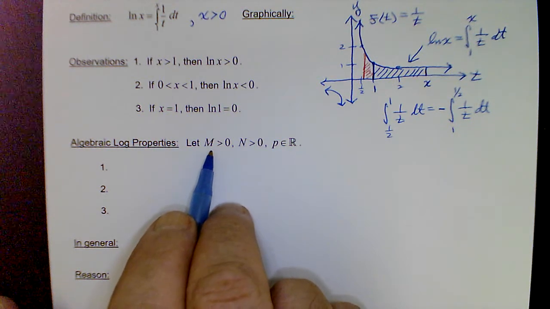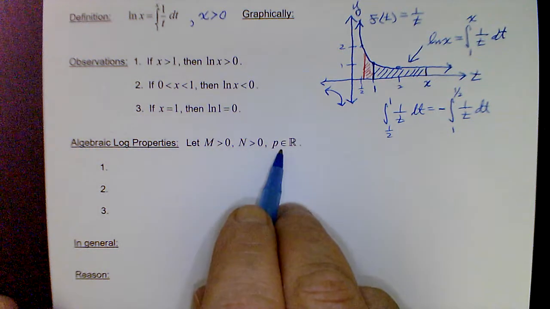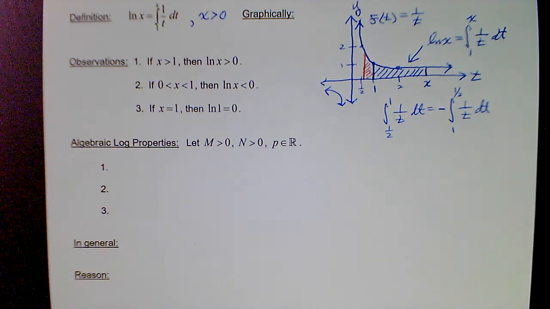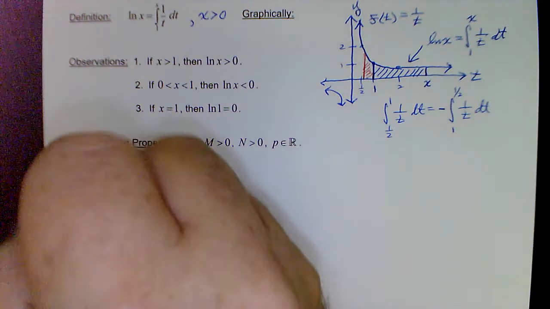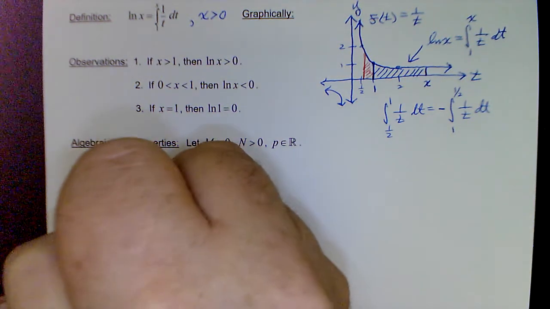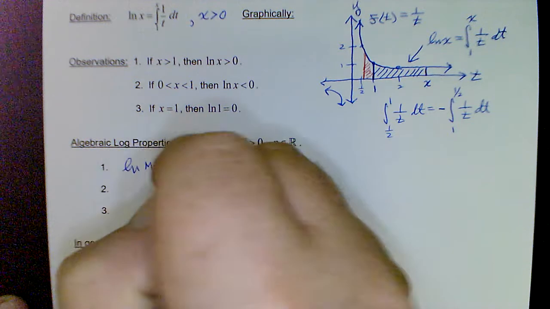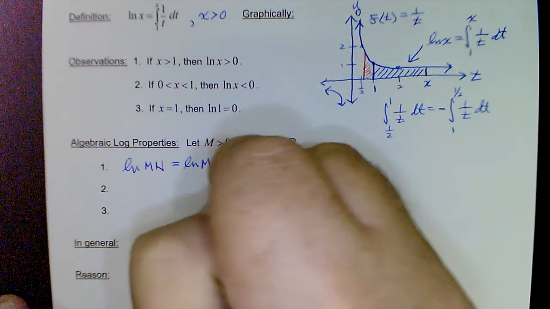We have the standard disclaimers: m is greater than 0, n is greater than 0, and p is an element of the reals. And so the natural log of a product, m times n, is the sum of the logs: natural log of m plus the natural log of n.